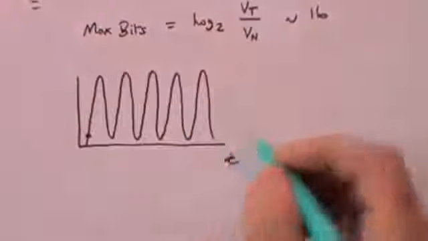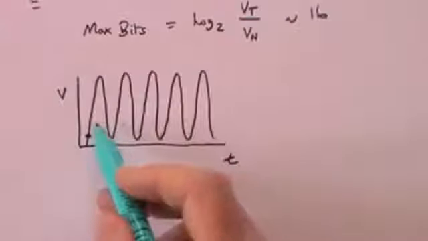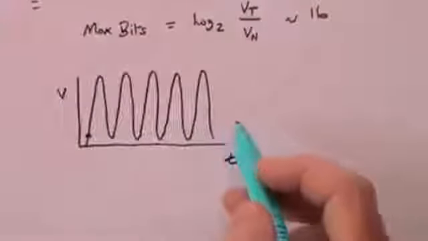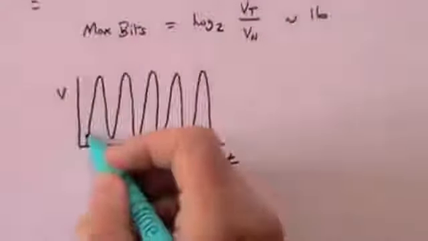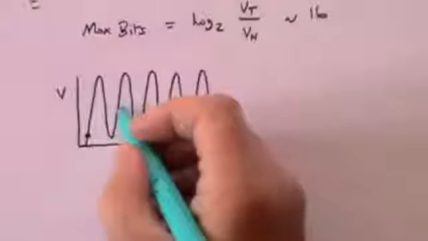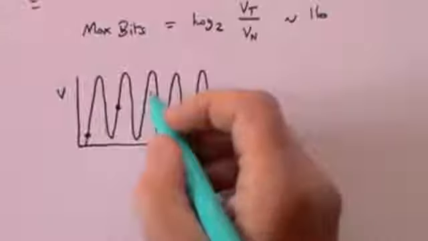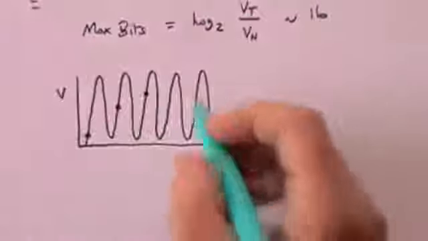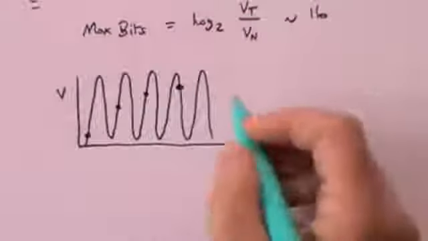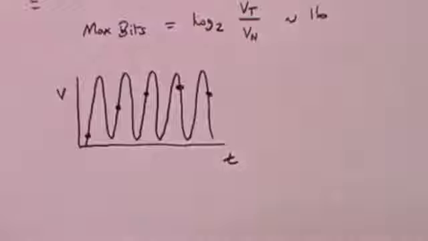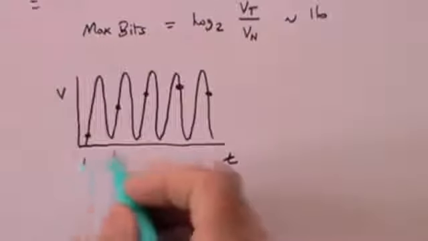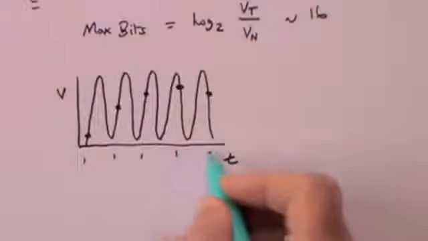So this is a time signal, this is the voltage. So this is how the voltage is varying with time. So we'll sample it at this time here, then at this time here, then at this time here, then at this time here, and then at this time here. Okay, so we're doing regular sampling.